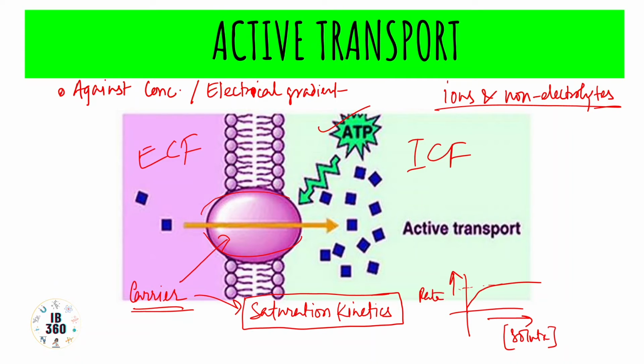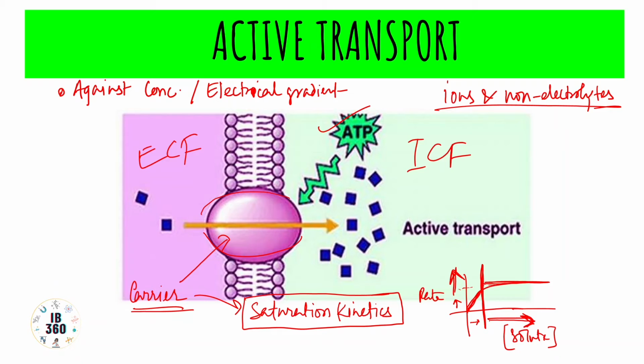So up to this level, on increasing solute concentration, the rate is increasing. There is a constant increase in the rate in this region. But after a certain value, even though we are increasing the solute concentration, the rate is not increasing. It has achieved a maximum value, and this is saturation kinetics, which is displayed by the carrier proteins.